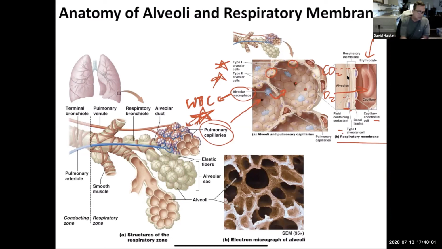Now if we look over at the left, you can see the alveolar duct right here and how we have openings in the alveoli, and a whole grouping of alveoli like a cluster of grapes is an alveolar sac. And the alveoli are wrapped with elastic fibers and pulmonary capillaries.